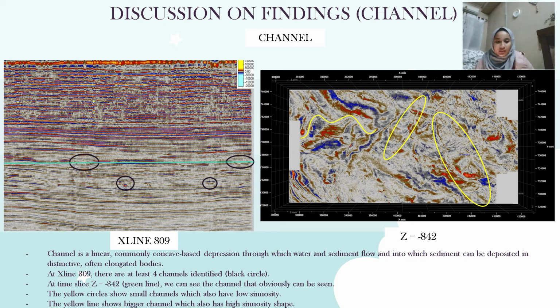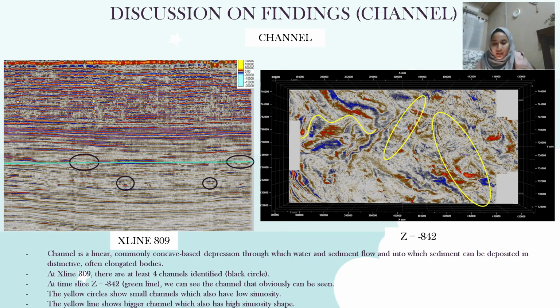So at the crossline 809, we identified four channels that we have circled in the picture for the time slice at Z negative 842.